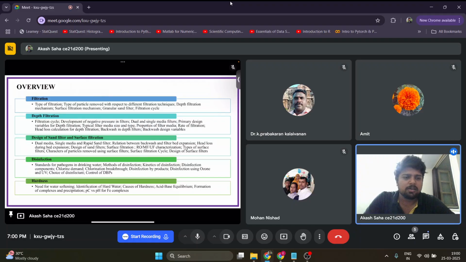Then we learned about each of them in detail, about depth filtration and sand filters and surface filtration. Then we moved into disinfection. We have seen some concepts of different disinfection in the previous lectures also, but here again we discussed the formation of various chloramines or disinfection byproducts. These are the main things which we looked into in disinfection.